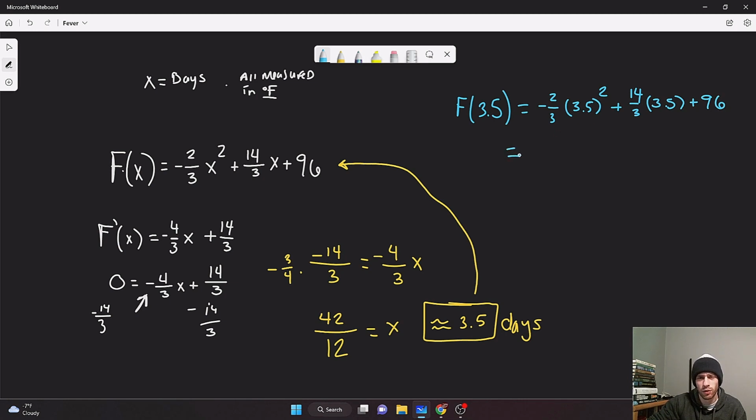And what does this equal? I will pause this and calculate it for you. After plugging that in, this is equal to roughly 104.2 degrees Fahrenheit, which is our local maximum.